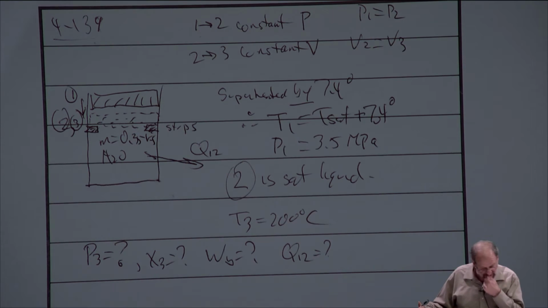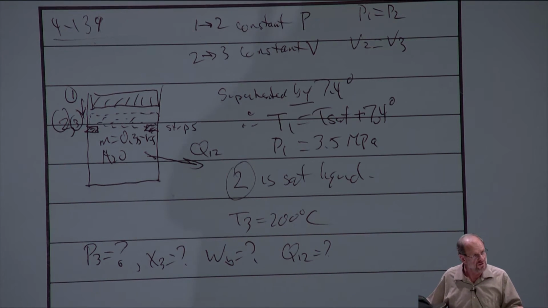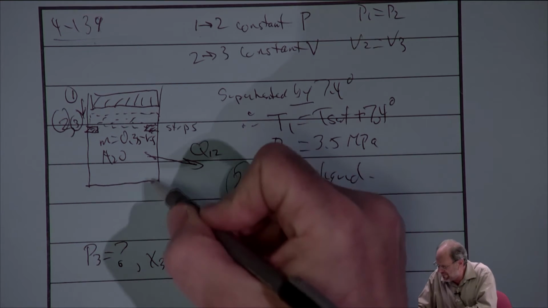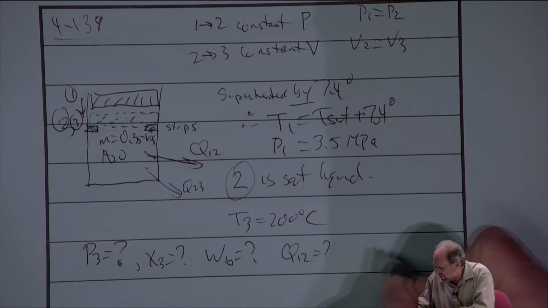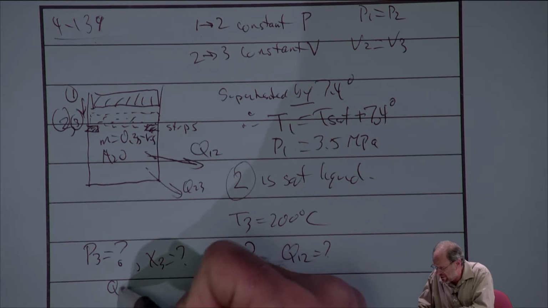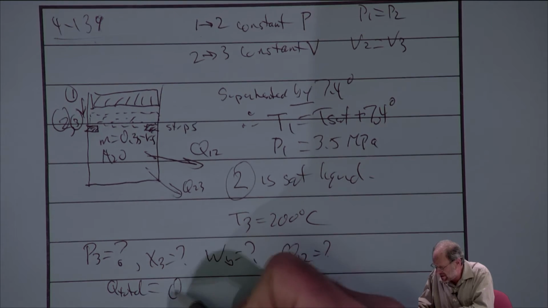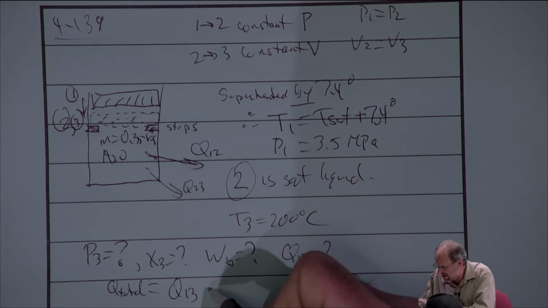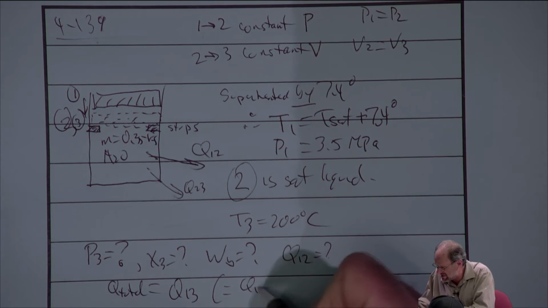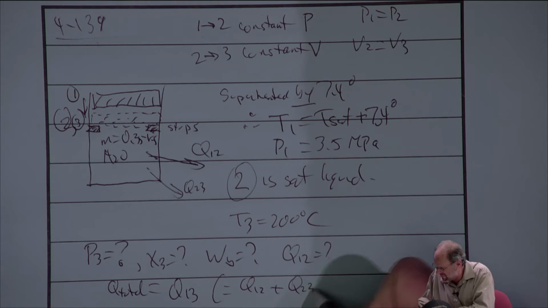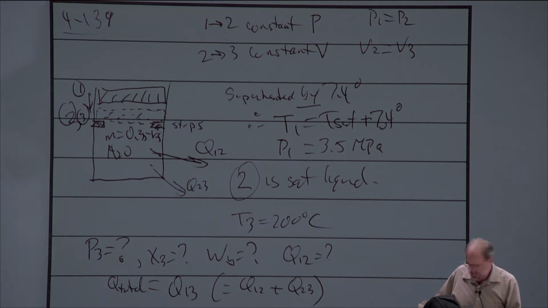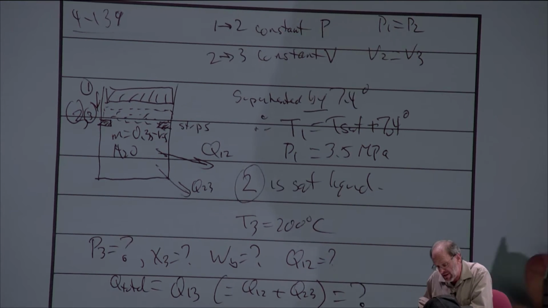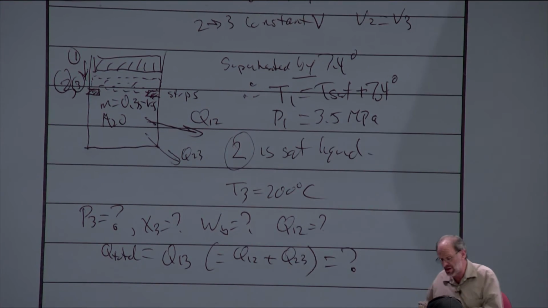But it also asks me to find the total heat transfer. So that's the sum of the heat transfer from 1 to 2 and 2 to 3. So Q total is Q1 to 3, which, by the way, is equal to the sum of the heat transfer for the first part from 1 to 2, and then plus the heat transfer from 2 to 3. Okay, so this is something that we're trying to find for this particular problem.